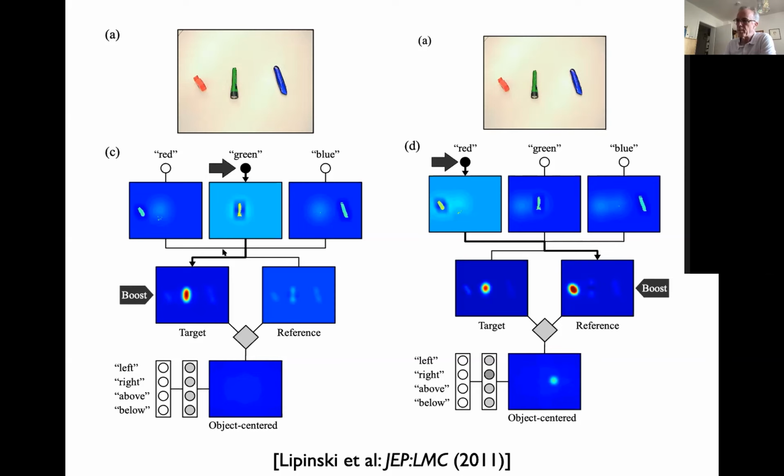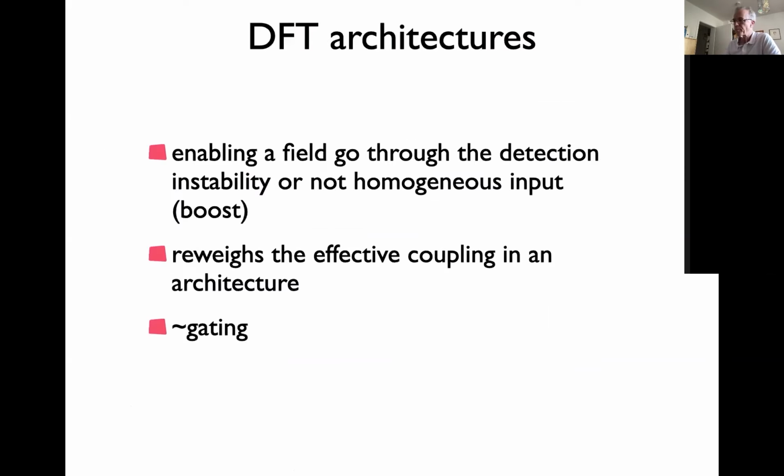So in that sense, we can modulate the input strength to the field through just the boost. And that's, again, how the bias term, the homogeneous input term, which is also used in the memory trace, plays a more important role in our thinking through the detection instability than, let's say, in conventional neural network architectures that don't use these instabilities so strongly.